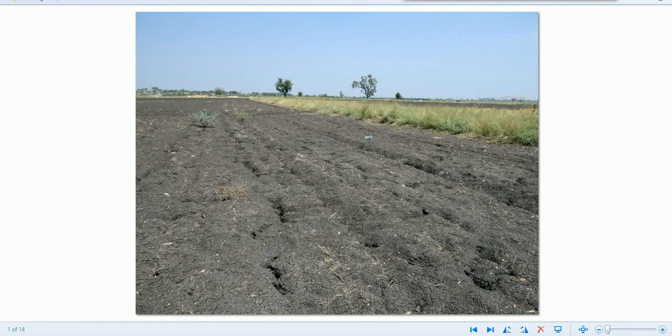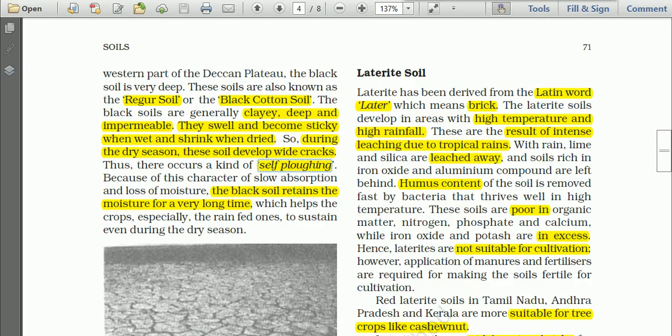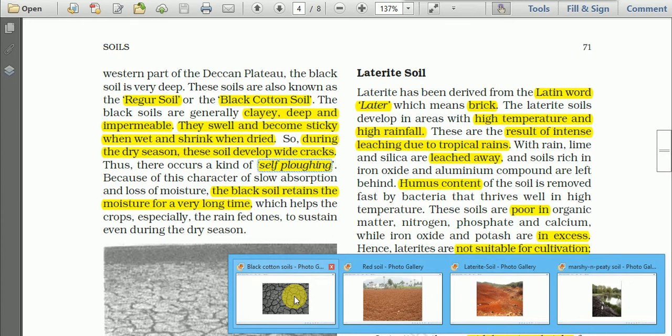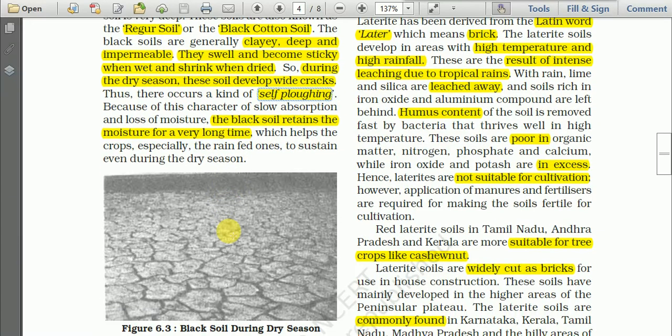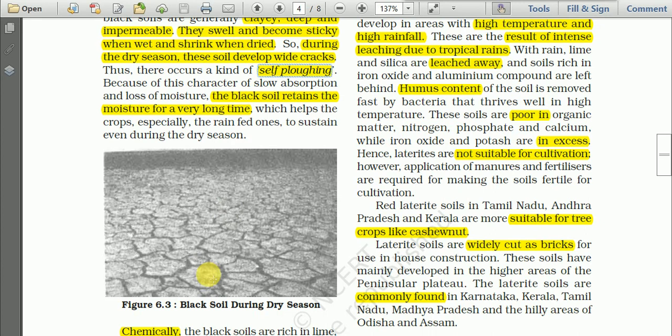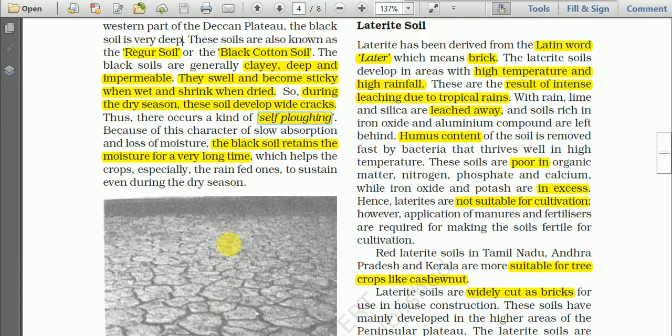See the color, it is almost dark gray or black, and when it is dried up, it develops big, huge cracks like this. It is also here in our textbook, figure number 6.3, which shows the development of cracks during the dry season in the black soil, and this phenomenon is known as self-ploughing.